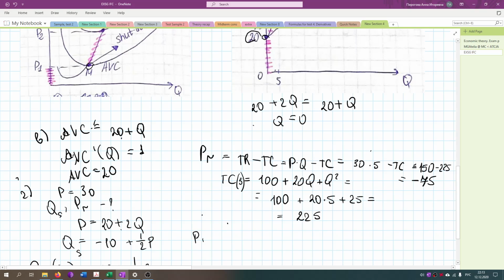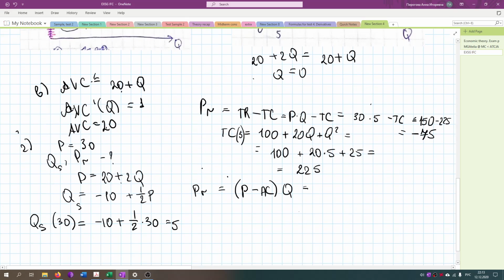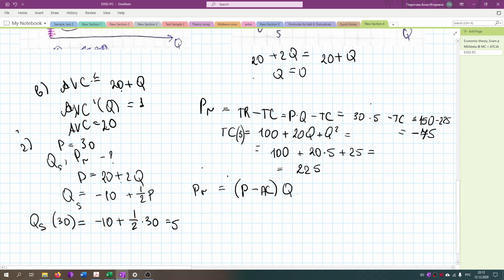And there is also a second method how to find profit. It is using the formula price minus average cost multiplied by quantity. So how to find average cost?